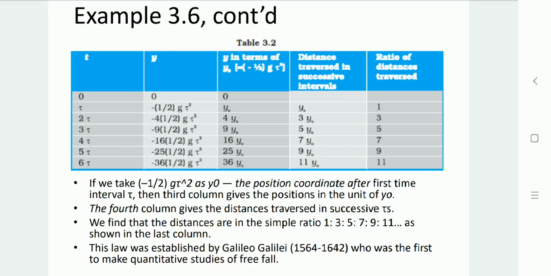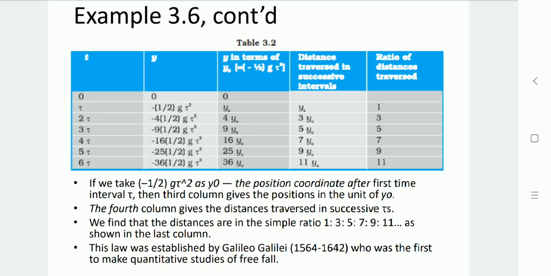Here, by taking its successive difference, 4y0 minus y0, it would be 3y0. So that ratio we are having is 3.